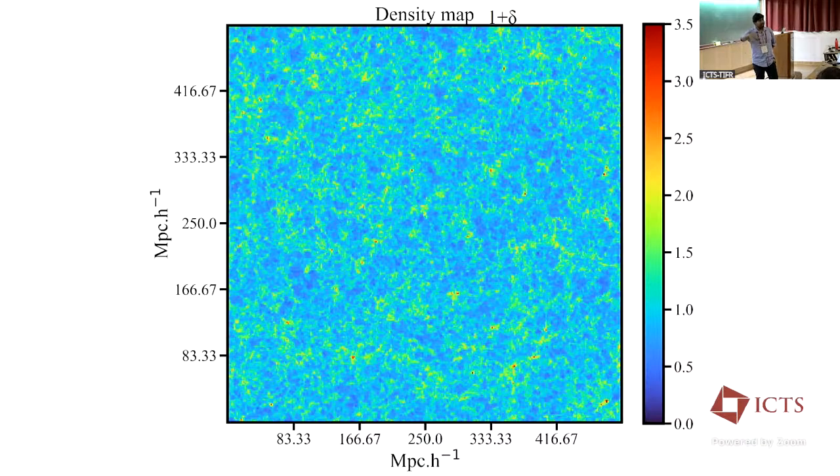There is a dark matter distribution, but dark matter halos will be isolated, localized objects, which will eventually host stars or galaxies. So in addition to this density field, we also need to know the locations of dark matter halos, because those are the locations of sources.